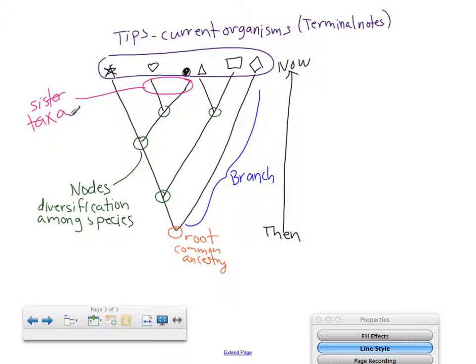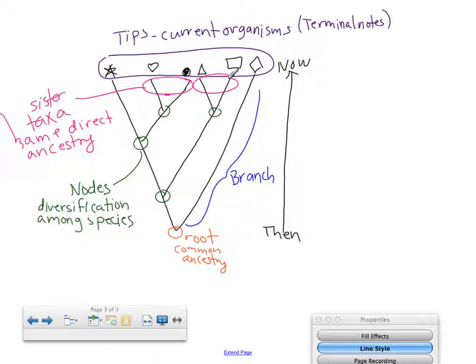That means they come from the same species. So they have a direct ancestry. This should say same direct ancestry.